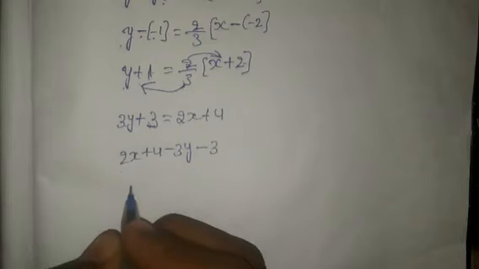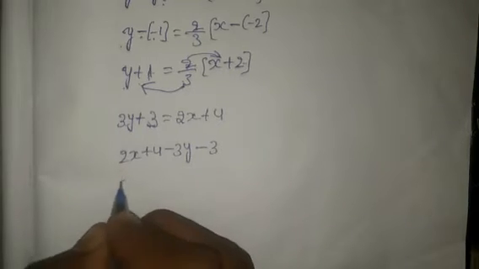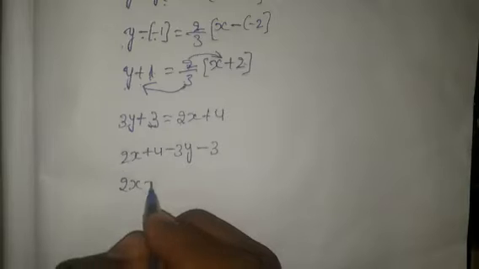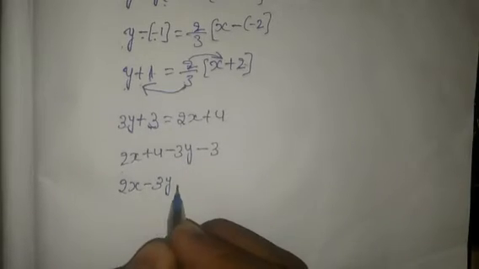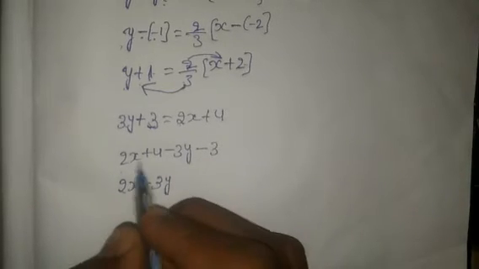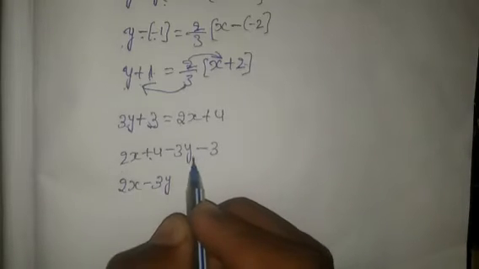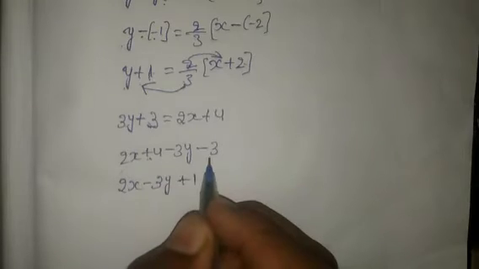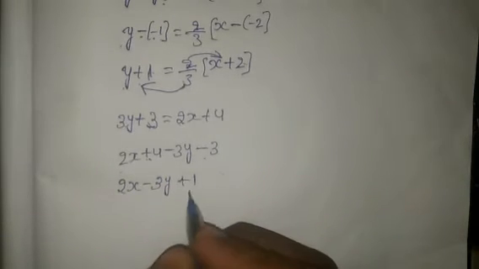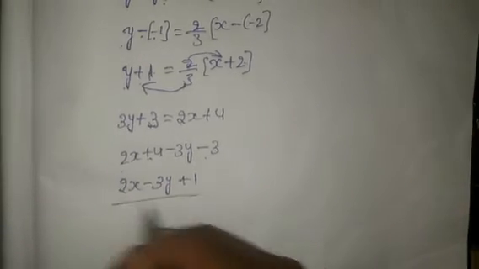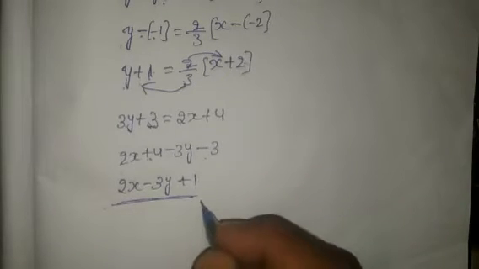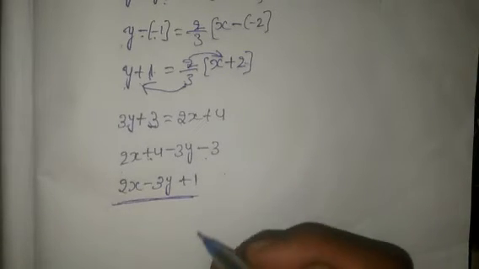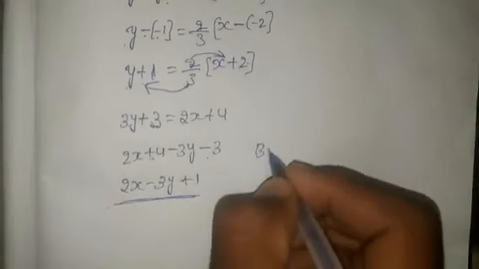So write the two variables first, 2x minus 3y, and plus 4 minus 3, so that is plus 1. So we get the solution, the equation of the orthocenter side BC.